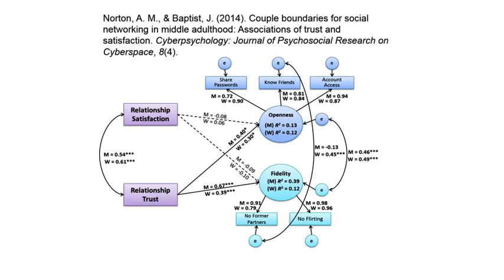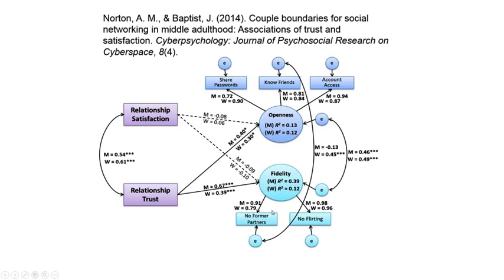So I was really curious about the relationships between relationship satisfaction and trust, and on people's behaviors in their relationships. You can see here I have 2 latent variables. Fidelity, this is what I called fidelity, was made up of no former partners and no flirting.